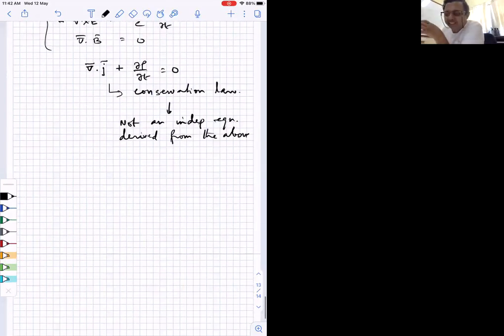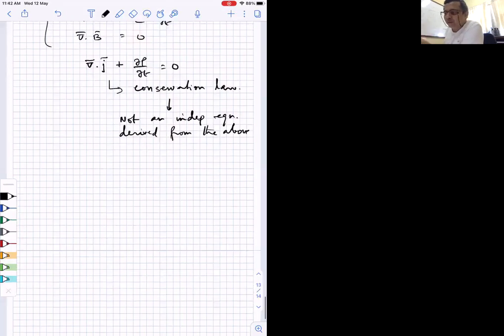And when you talk about charges, the charge is conserved, right? It's not created. That's the only conservation law that I'm talking about over here, because whatever we do is basically about charges and fields, and the others are more dynamical conservation laws.